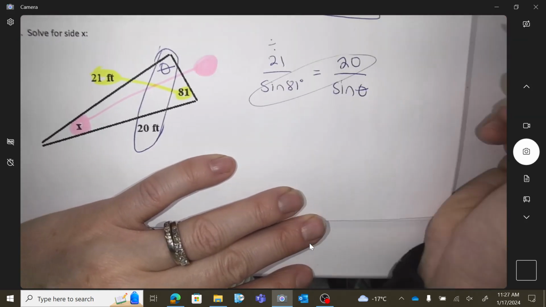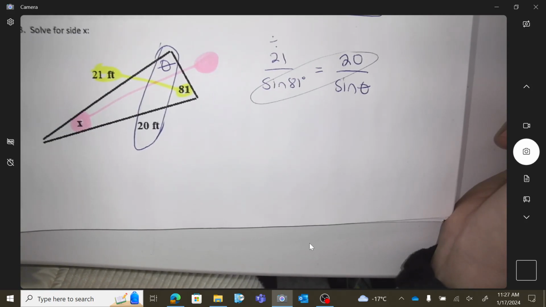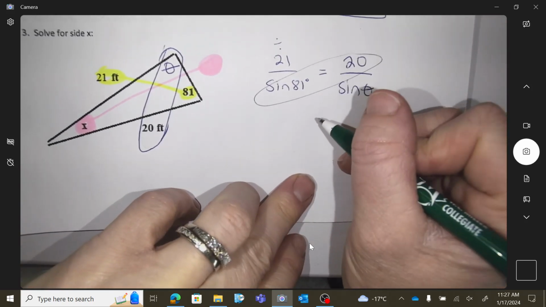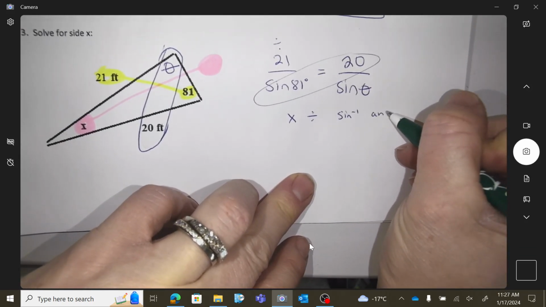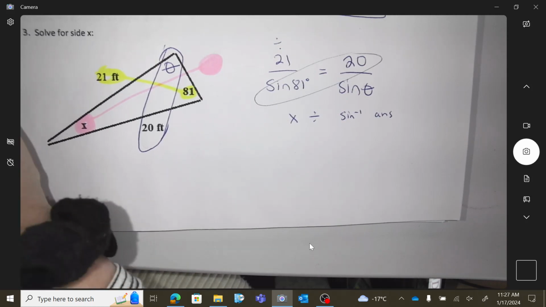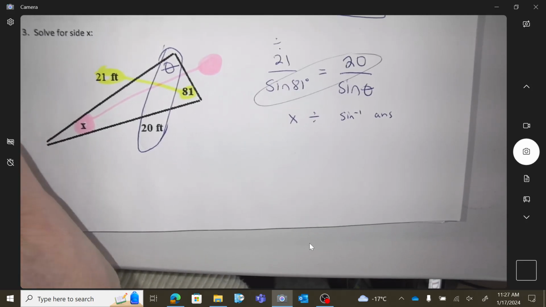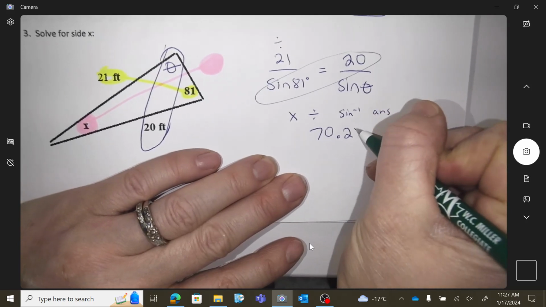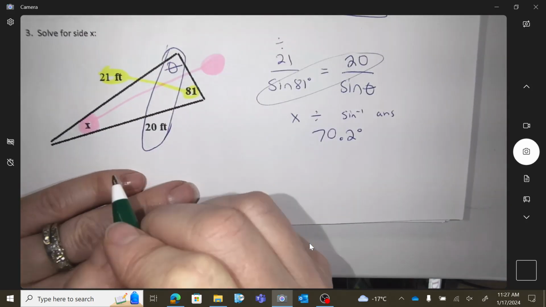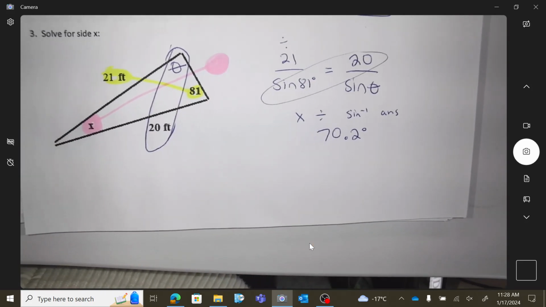Times divide. What do you do if you're trying to get an angle? Inverse. Times divide and then inverse. Okay, angles to 1 decimal, good.